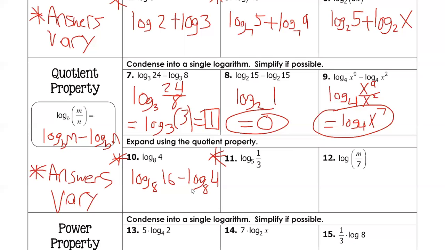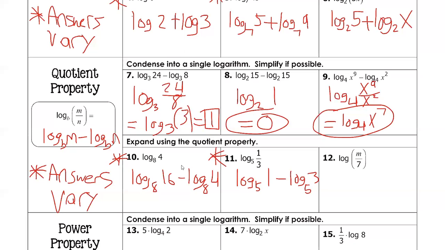There's an infinite amount of answers you could give if you had to expand this. And you could even expand it with more than 2 logs potentially, if you could think of a number divided by 2 different numbers that gives you 8. But I'll be honest, I'm not a huge fan of questions 10 and 11. So if I'm losing you with these ones, I'm sorry. This one actually kind of makes sense. You could put your 1 and then subtract the 3, because 1 divided by 3 would give you the 1/3.